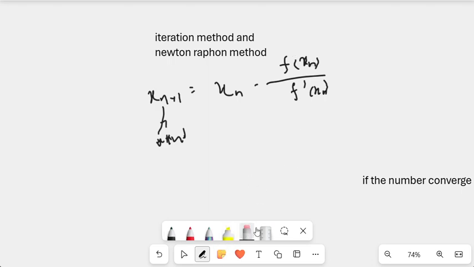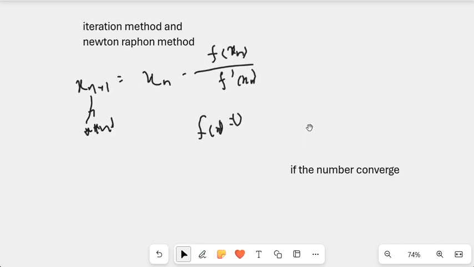The condition stated should be a function f(x) equals 0. You should express the form in this. Then you take x of n, an approximate value, and you have f prime of x of n. Okay, so you can try to imagine it in your mind. Oh, we use minus here.